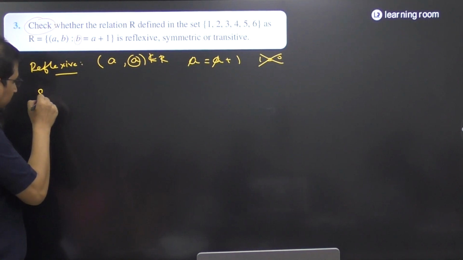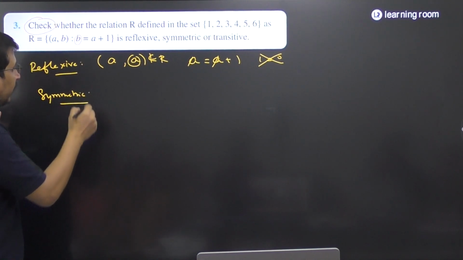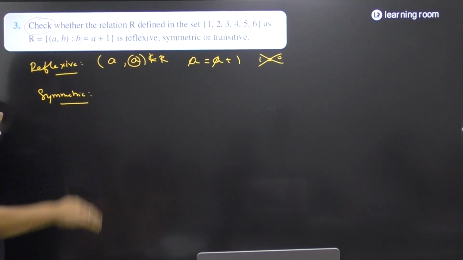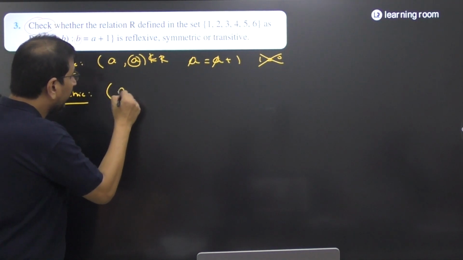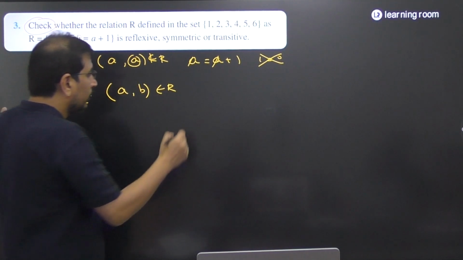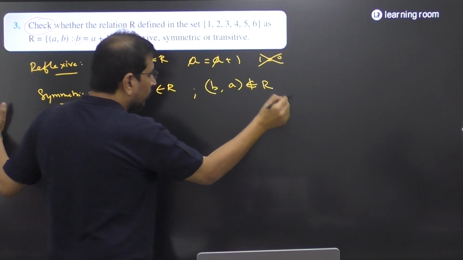What about symmetric? Not symmetric, obviously, right? b is a bigger number. So (a, b), if I assume it belongs to R, then (b, a) does not belong.